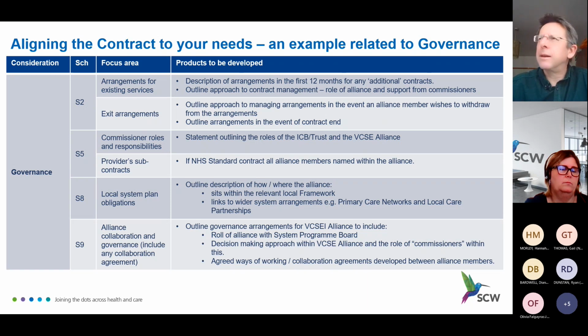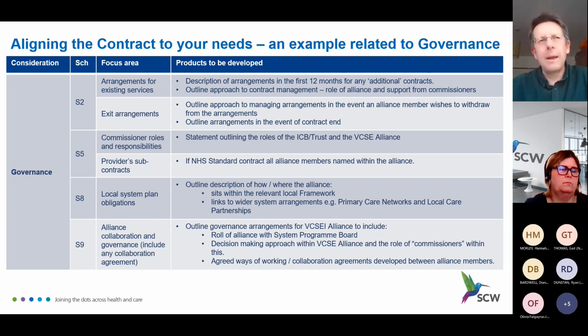What I understand, looking at the consultation documents for the contract for next year, is they're probably looking to delete this schedule, because everything that's described within the schedule is now written into law. So you don't necessarily need a contract to tell you what you're obliged to do by the law anyway.